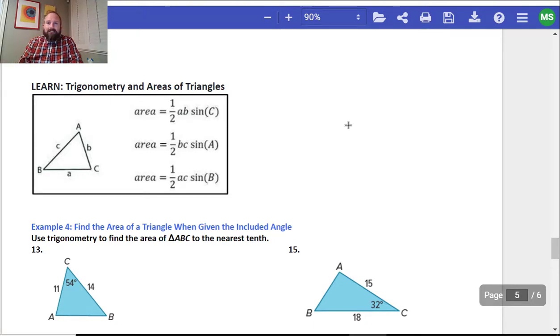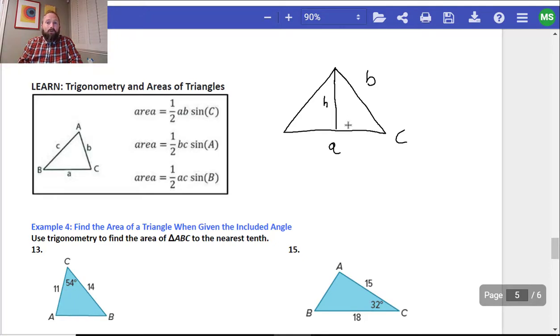So let's say, for example, I have a triangle. Let's say I have this C right here. I'm doing this first one right here. Let's pretend this is the height. The sine is the opposite over the hypotenuse.